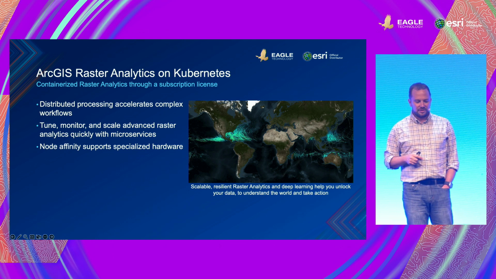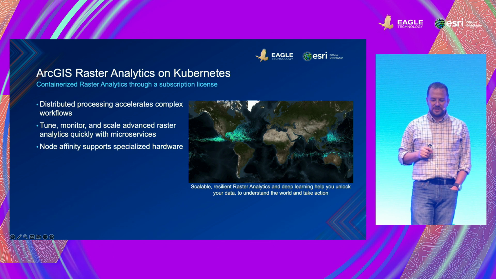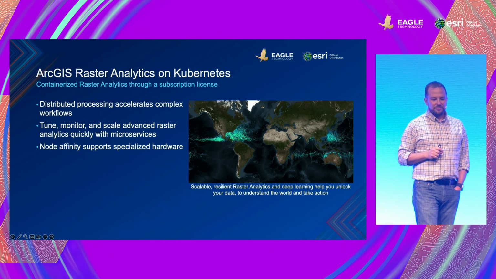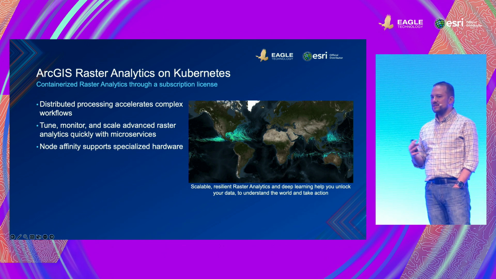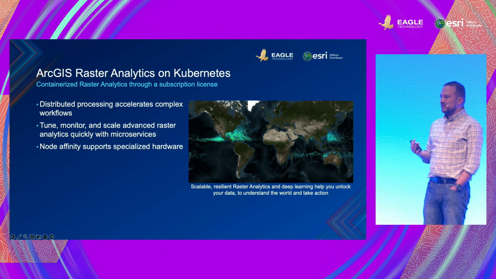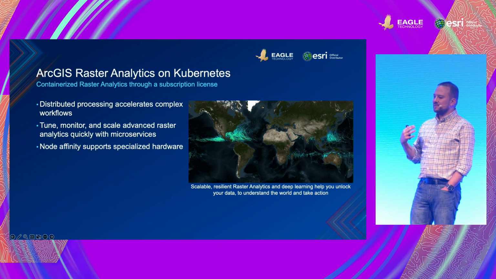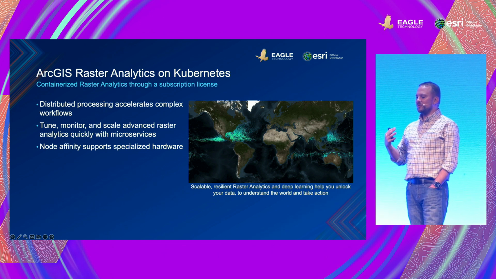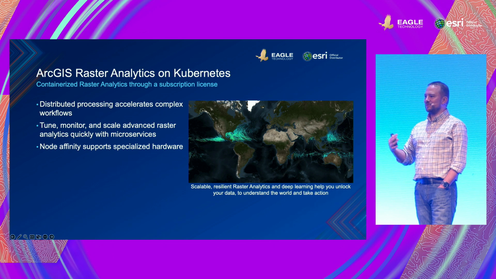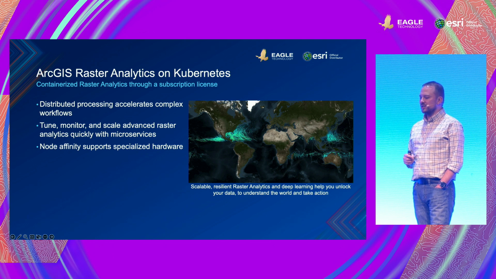So to round out the ArcGIS Enterprise on Kubernetes topic more broadly, one thing that's new with the 11.3 release was the introduction of raster analytics. So this is functionality we've actually had on the Windows and Linux side for many years, but we saw relatively little usage of because it was so difficult to set up the required infrastructure that only the most motivated of customers were really willing to invest what it took.